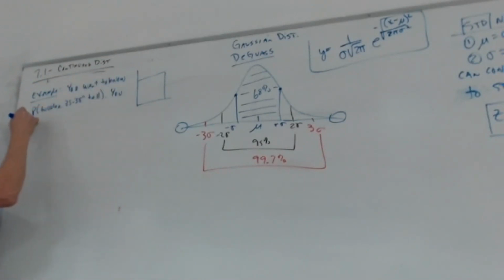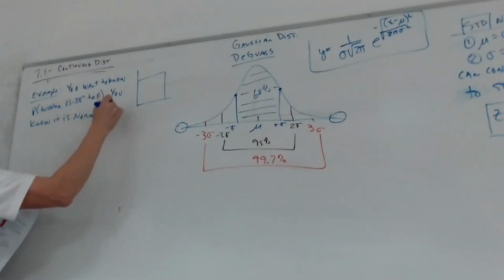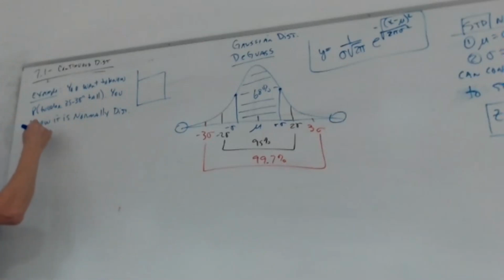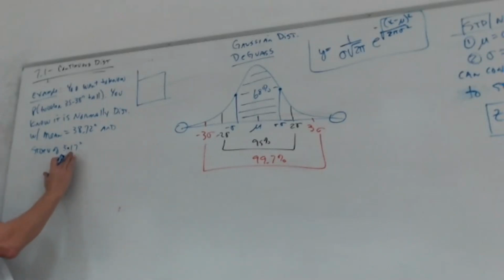You know it is normally distributed with a mean equal to 38.72 inches and a standard deviation of 3.17 inches. Okay? First, I'm going to make this a little bit easier. I will use the 3.17 in a minute, but I'm going to erase the decimal for now. We're just going to make the standard deviation 3 inches.